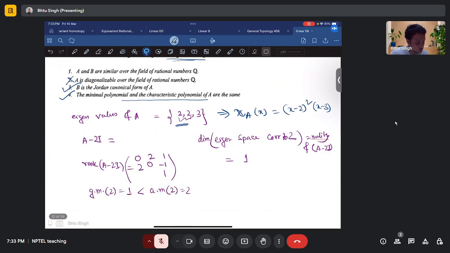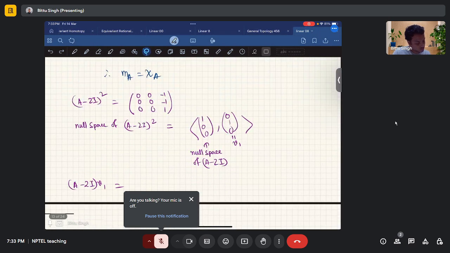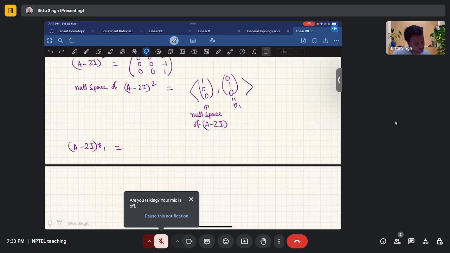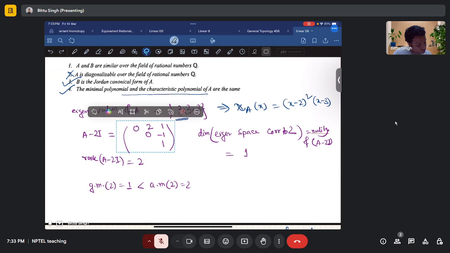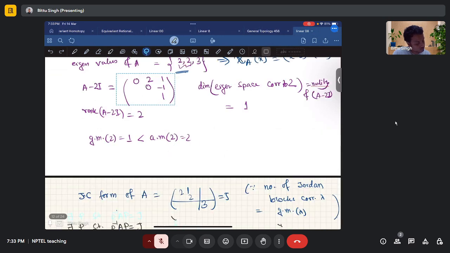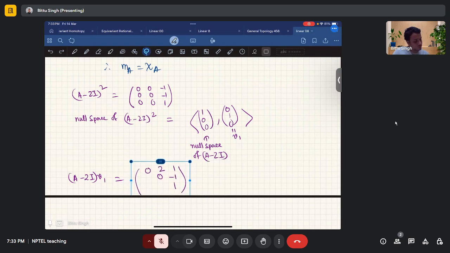Okay, so this is A minus 2I, and we multiply it with v1. v1 means (0, 1, 0). So this will give (2, 0, 0).